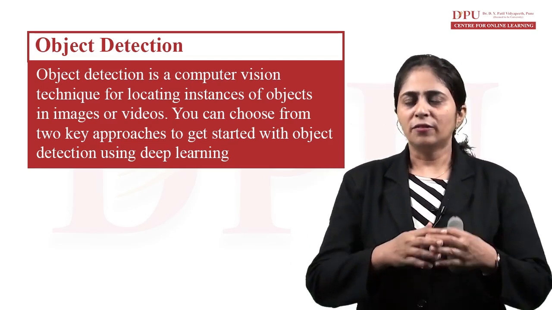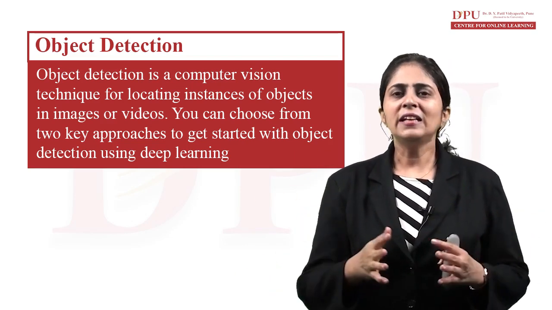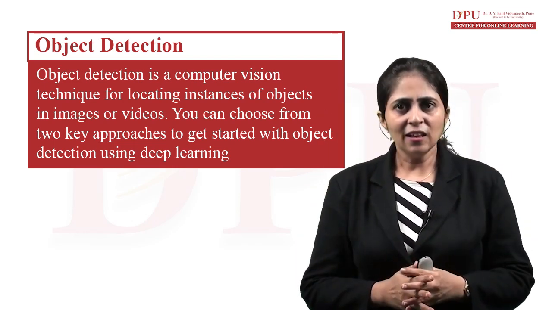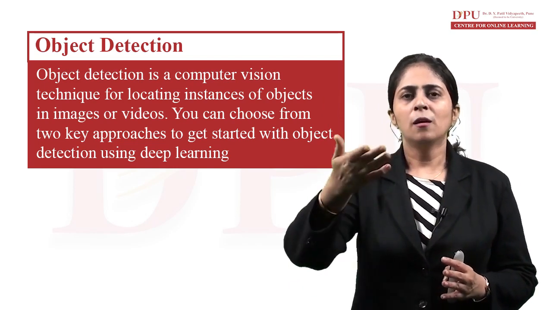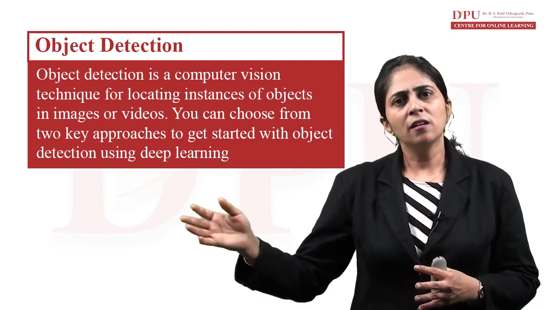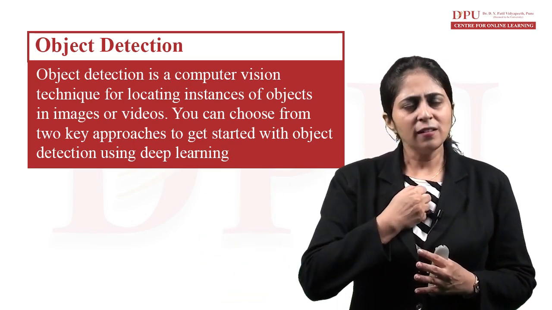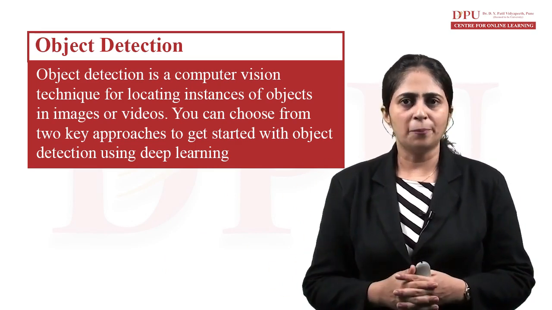Suppose we are standing on a beach. If we are viewing a particular scene, we can easily locate the different objects, like a person playing with a ball, two children jumping into the waves. So for us, it is very simple to categorize or to recognize these objects.